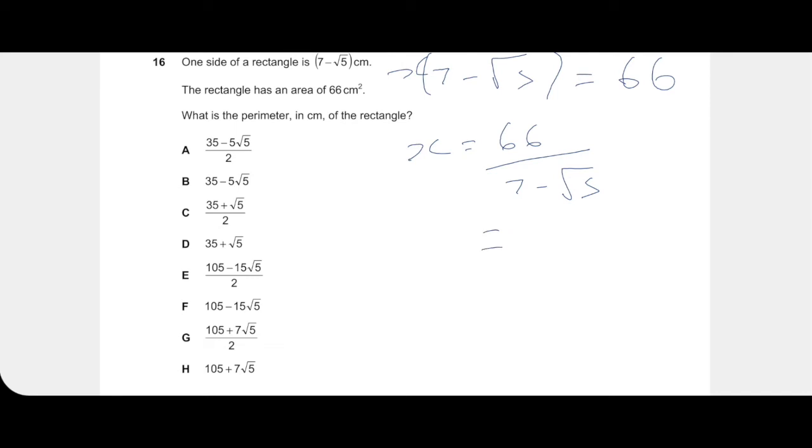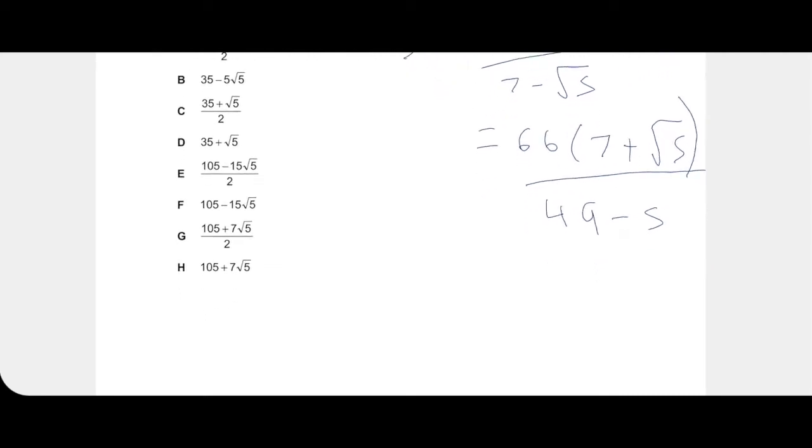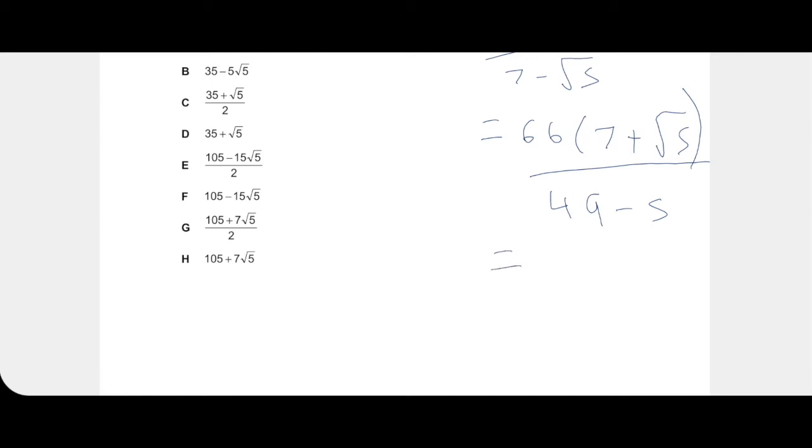So that will be equal to 66 open bracket 7 plus square root 5 over 49 minus 5, which comes to, if you do all the simplifications, I'm not going to bother to do that because I assume you could do that very straightforwardly, 21 plus 3 root 5 over 2. That is equal to our other length x.